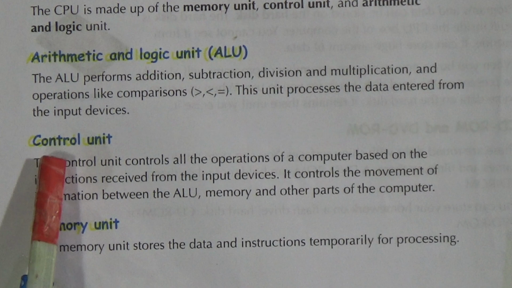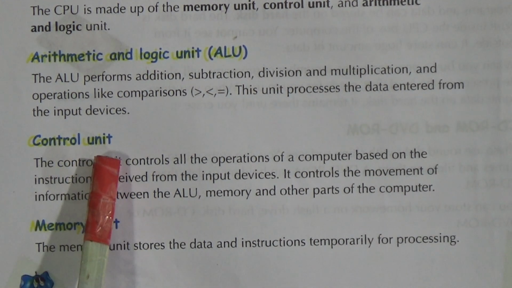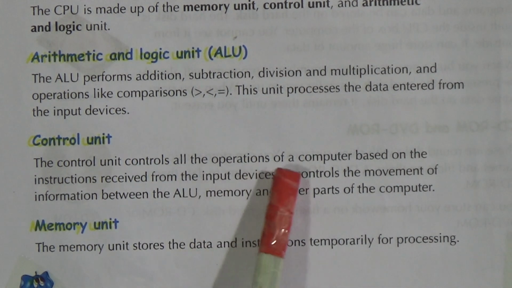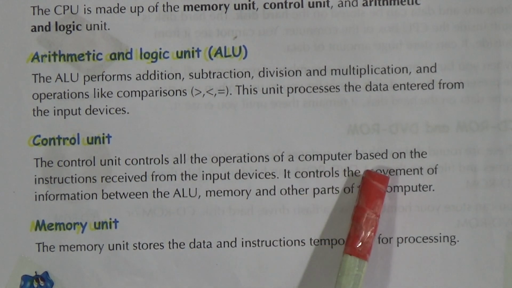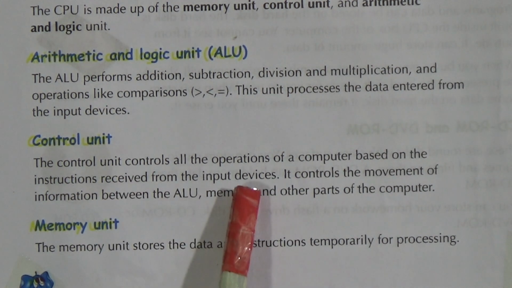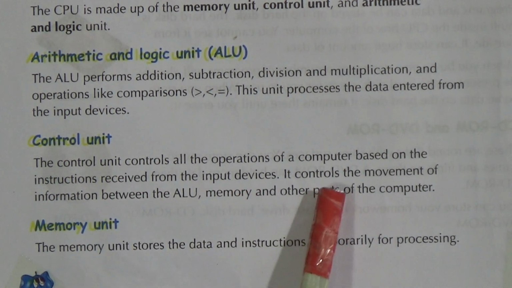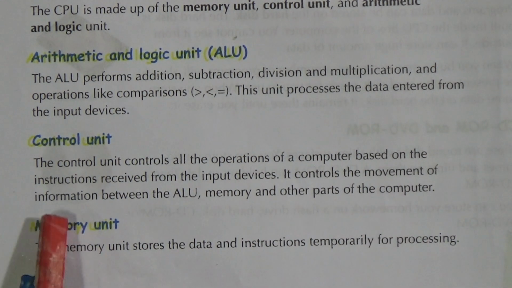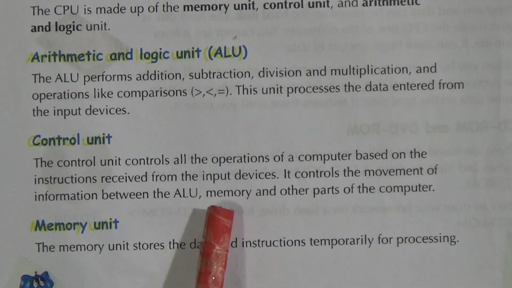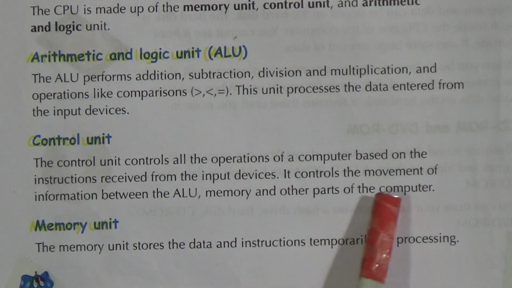Next is the control unit. The control unit controls all the operations of a computer based on the instructions received from the input devices. It controls the movement of information between the ALU, memory, and other parts of the computer.